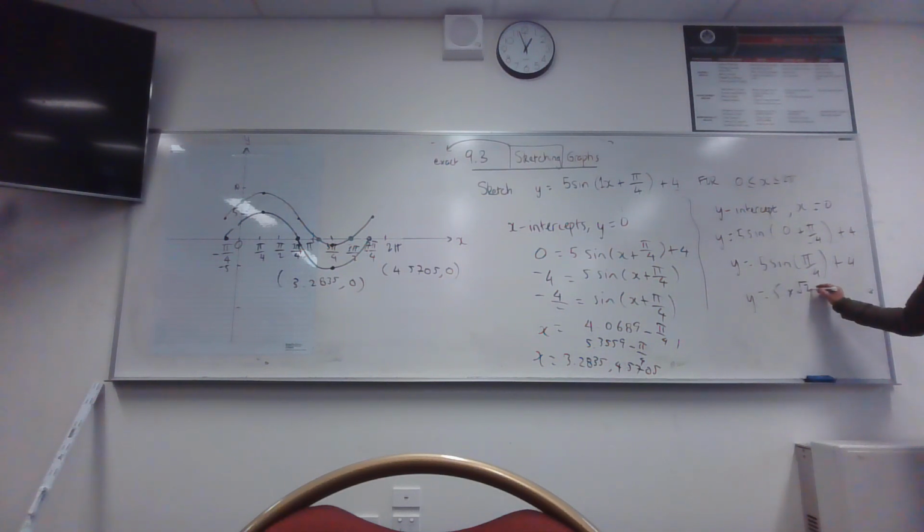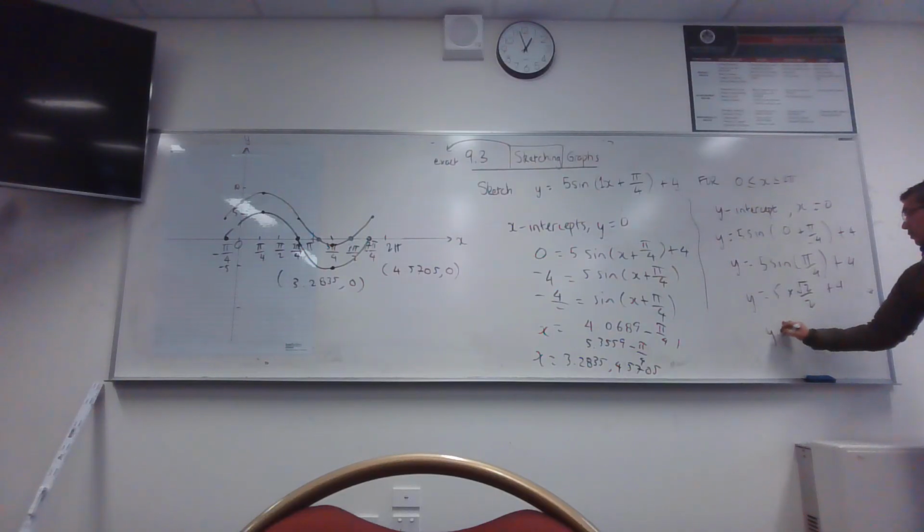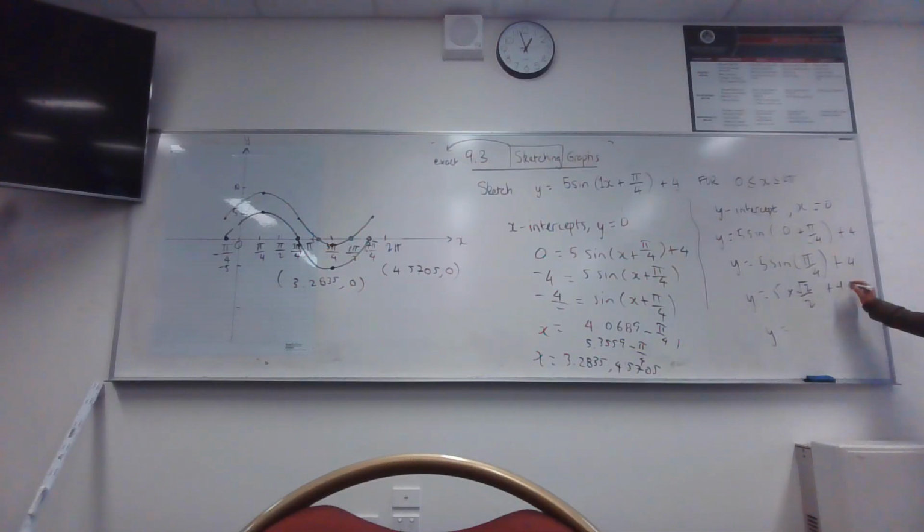Okay, so root 2 on 2, or you can have the 1 on root 2. They're both the same. If they asked you to leave it as an exact value, you'd probably leave it like that. You could do a bit more work there, but let's just do decimals today.